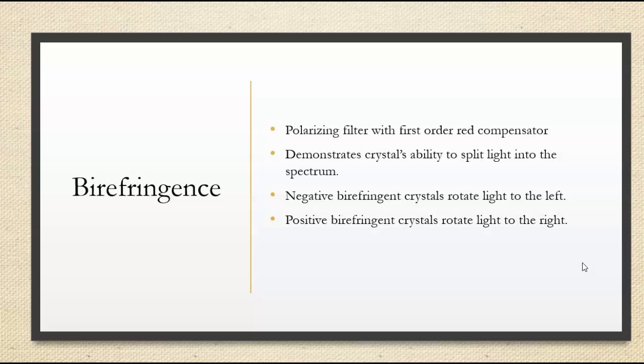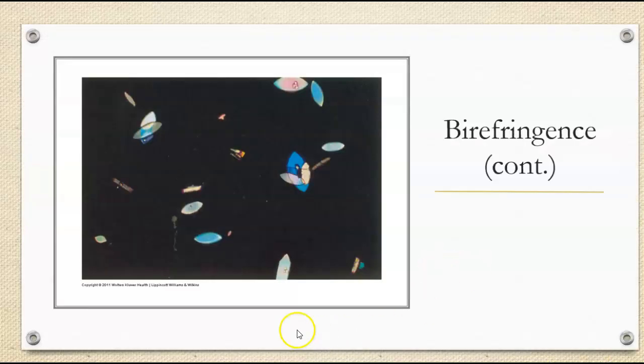For birefringence, a polarizing filter with the first order red compensator will demonstrate the crystal's ability to split light into the spectrum. Negative birefringent crystals will rotate the light to the left, and positive birefringent crystals will rotate light to the right. This is an example of birefringence.